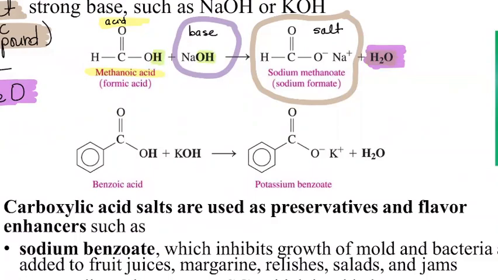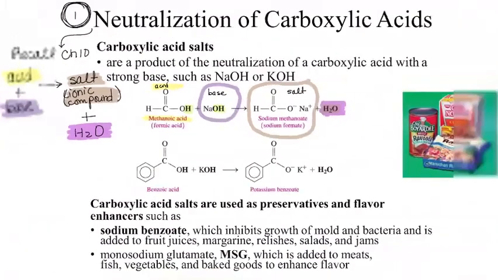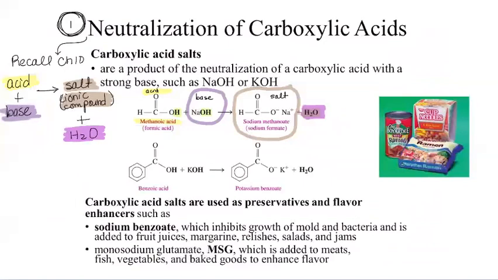Now, why are these compounds important? Understand that carboxylic acid salts are actually used as preservatives and flavor enhancers. So if you have canned foods at home and you read the food label, you will see that some of them actually utilize sodium benzoate as one of the ingredients.